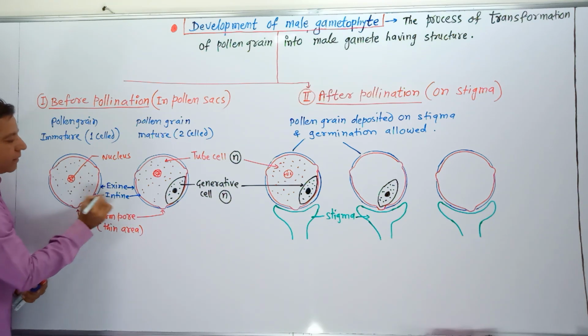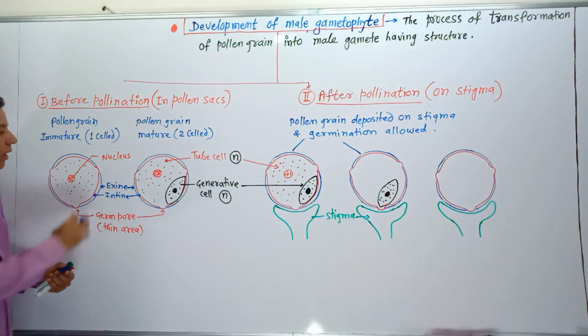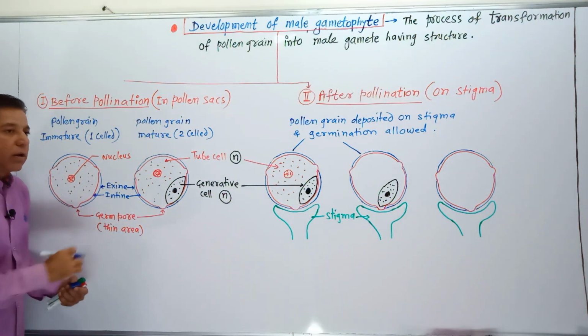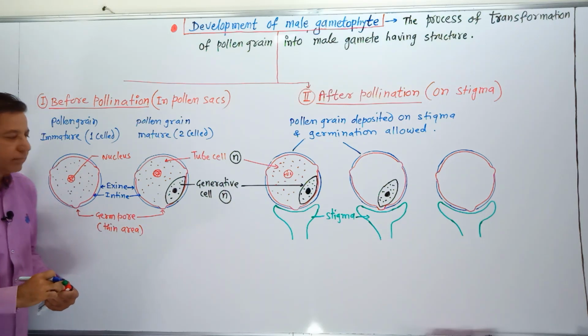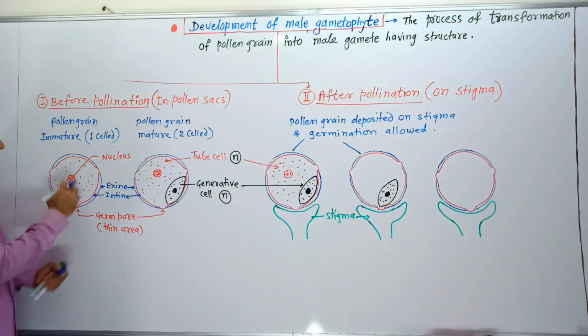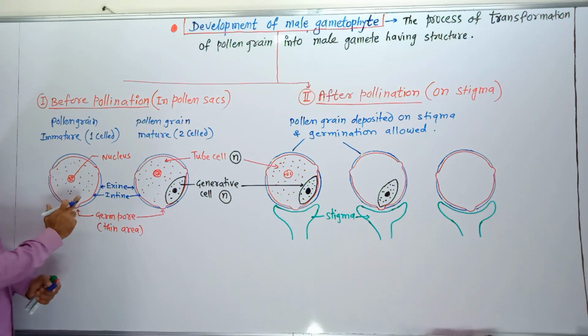These are the two layers of the pollen wall. The pollen wall is called sporoderm. And a prominent nucleus is inside the single pollen cell.